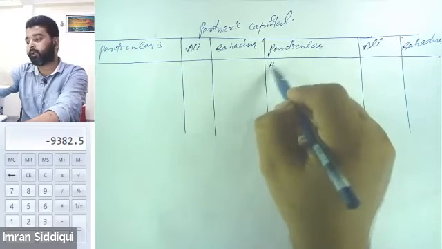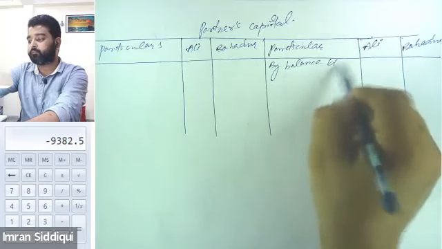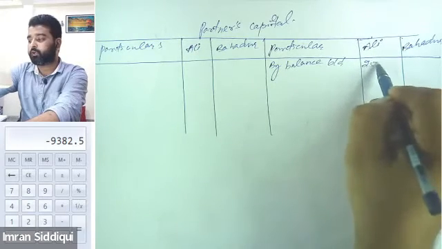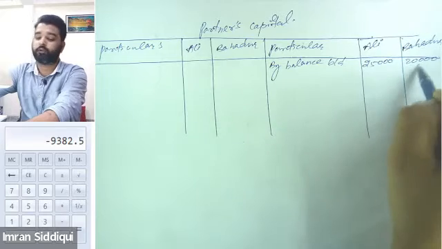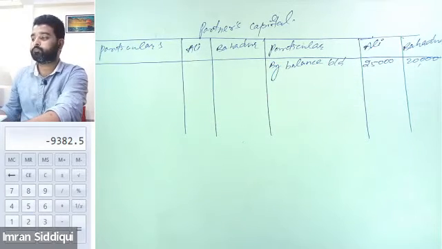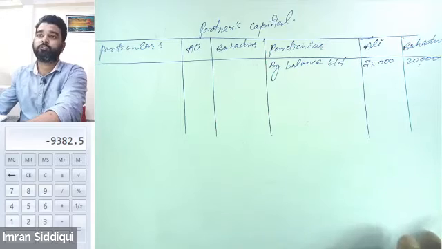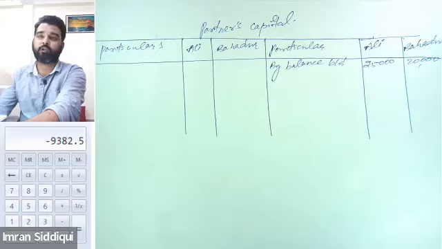So I'll write down by balance b/d 25,000 for Ali and 20,000 for Bahadur. Is that clear, everyone? Yes, sir.